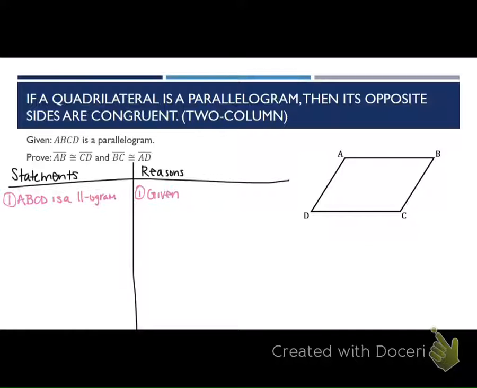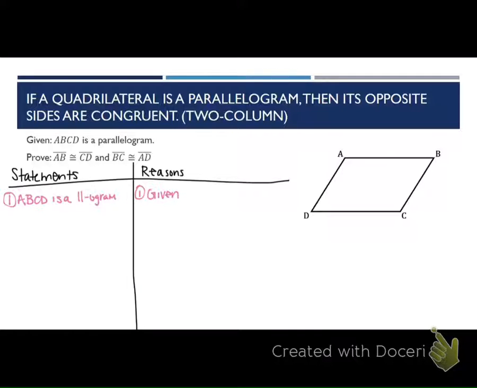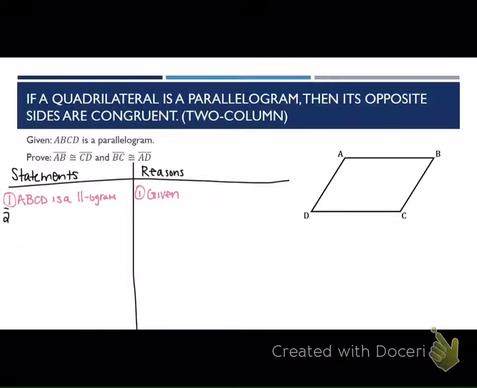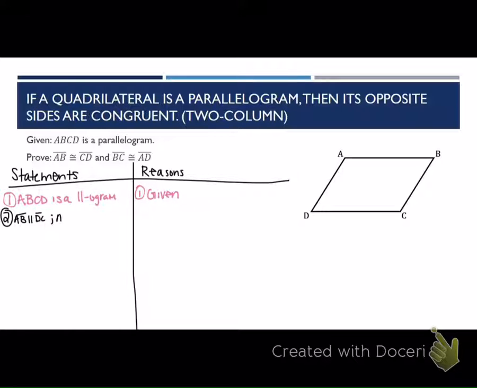What do we know because of the definition of a parallelogram? Because we have to define what a parallelogram is. What do we know? We used this on the last proof. Opposite sides are parallel. So we know that AB and DC are parallel, and AD and BC are parallel.